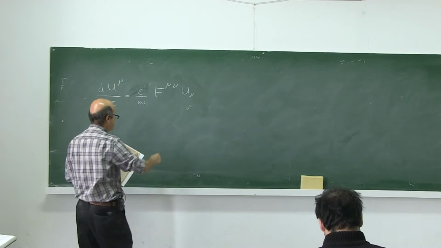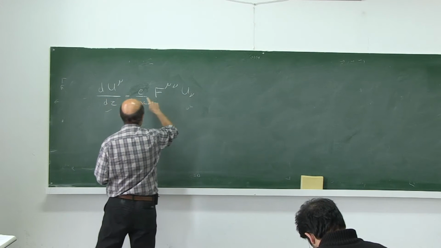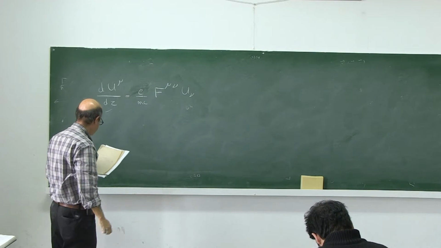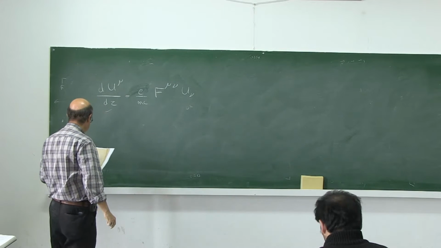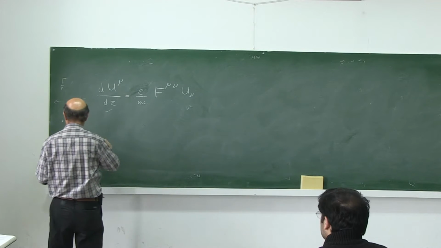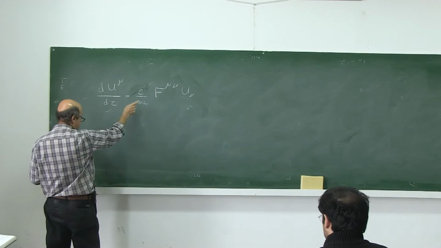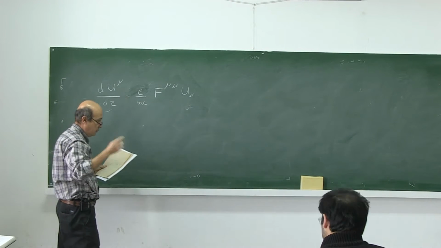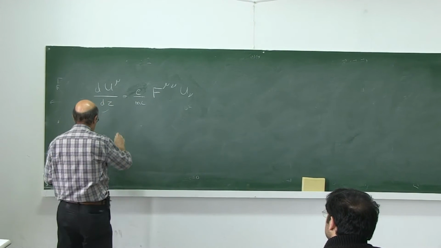If we contract through the nu, the free index will be mu, and we have seen the Maxwell's equations in covariant form. So this is the four-dimensional Lorentz force in covariant form.